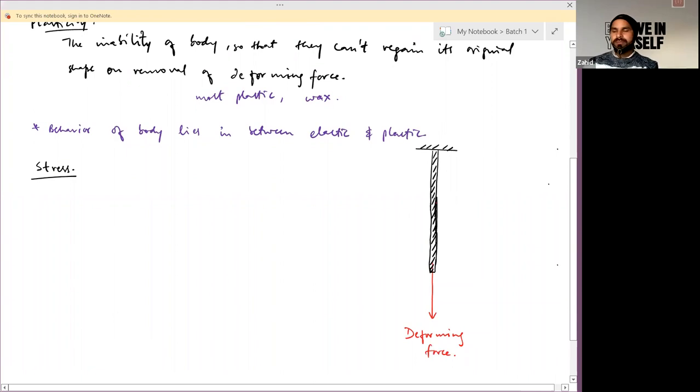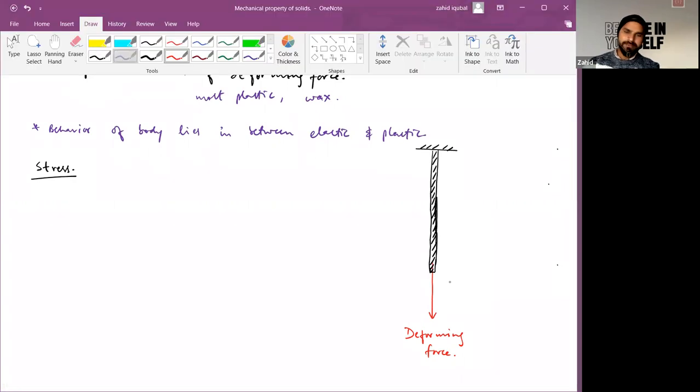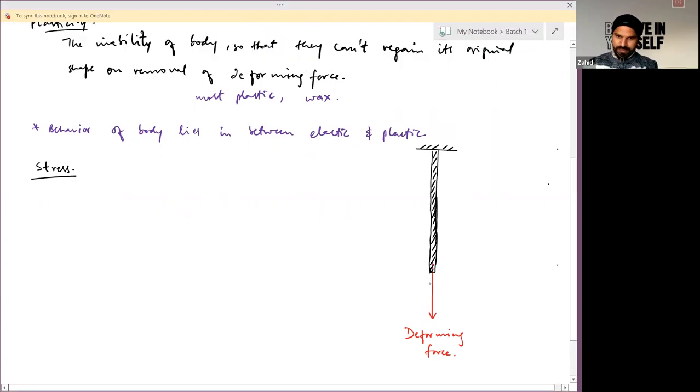So this rod will behave like a spring. On applying this deforming force, there will be some deformation along its length. It may get stretched to this point. The actual length of this rod is from this point to this point.